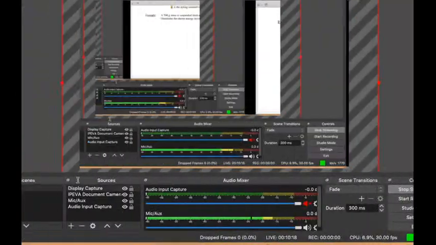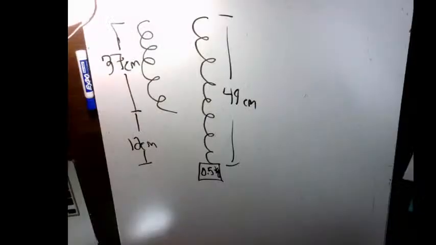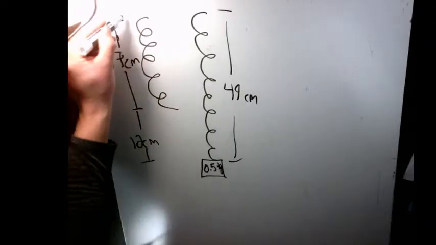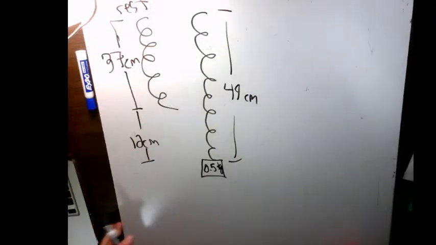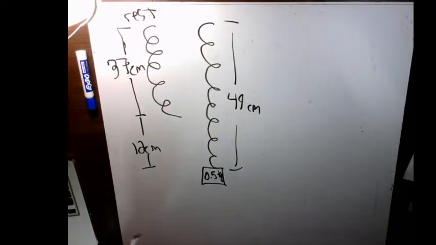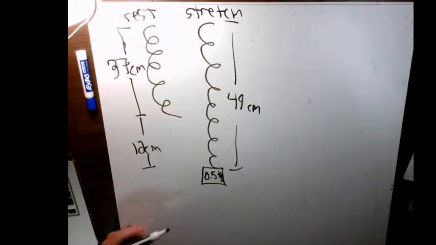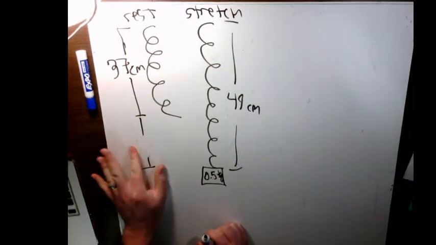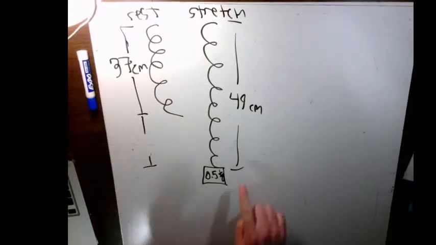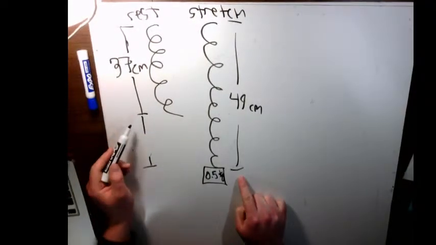Okay, let's take a look at this together. So our rest length is 37, and our stretch length is 49, right? That's usually what you would be given in a question. Stretch length is 49, rest length is 37.